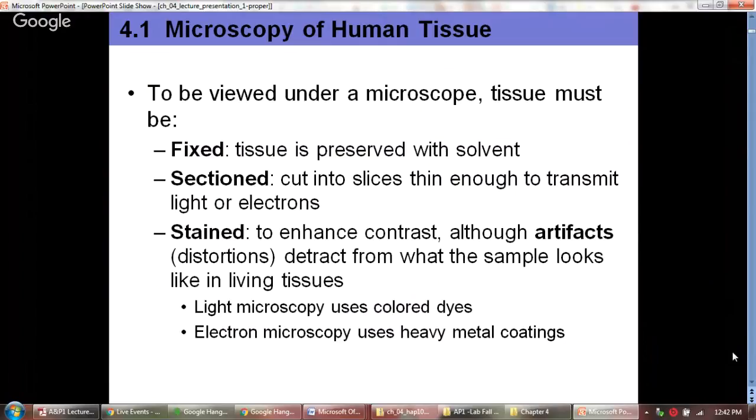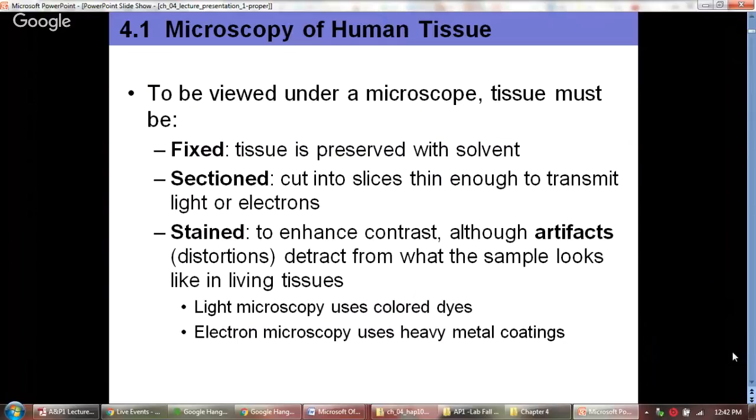In sectioning, you make lots of tissue slices, but they have to be very thin, because they need to enable the light or the electron beams to pass through the tissue in order to view its components.